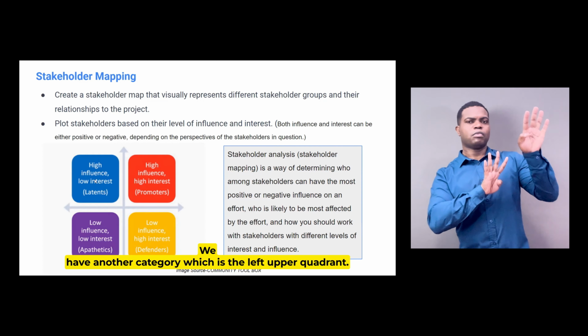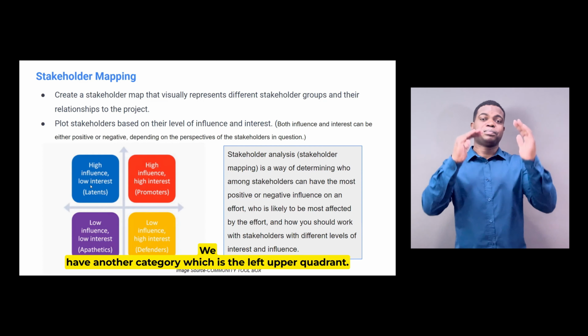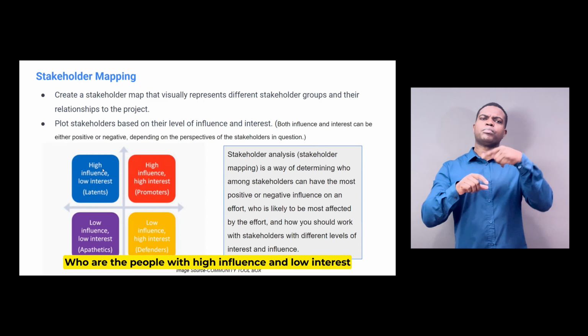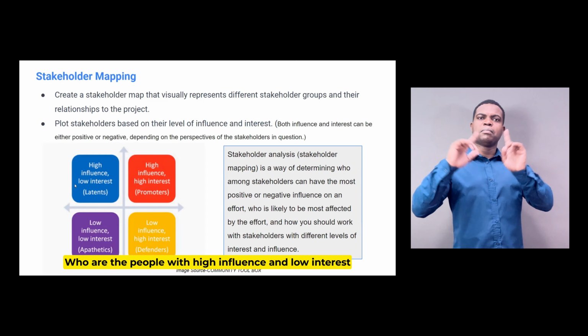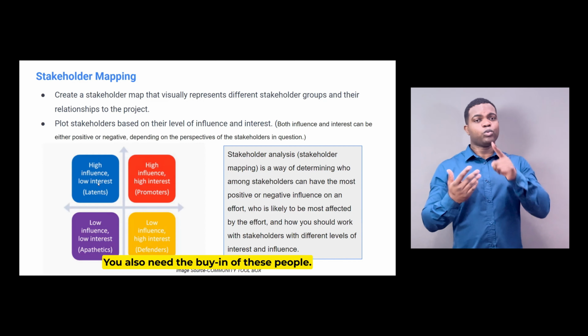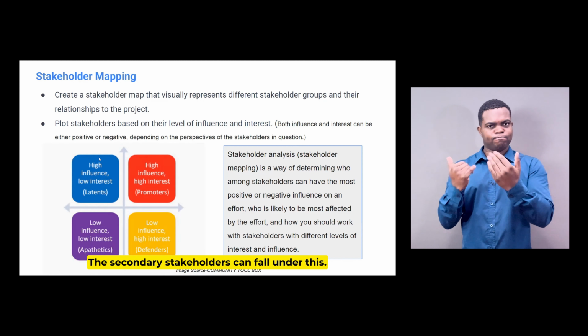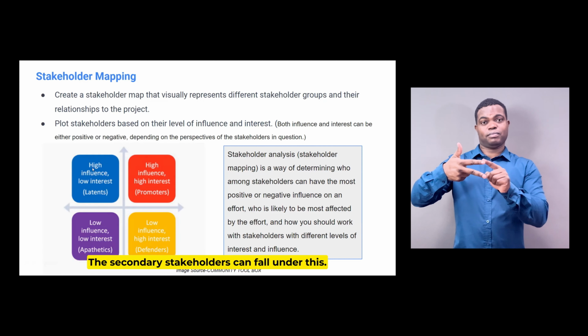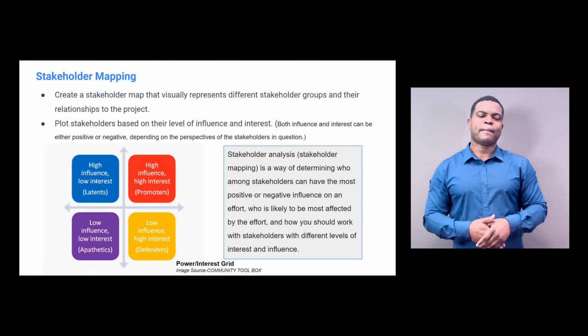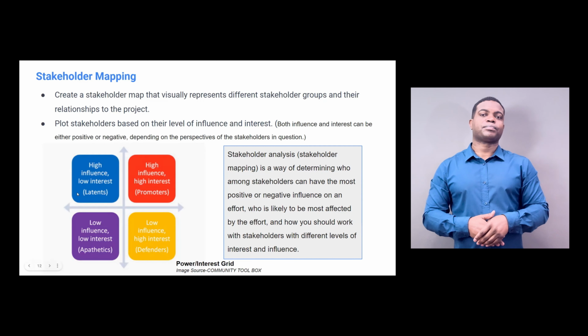We have another category, which is the left upper quadrant, who are the people with high influence and low interest. You also need the buy-in of these people. The secondary stakeholders can fall under this left upper quadrant.